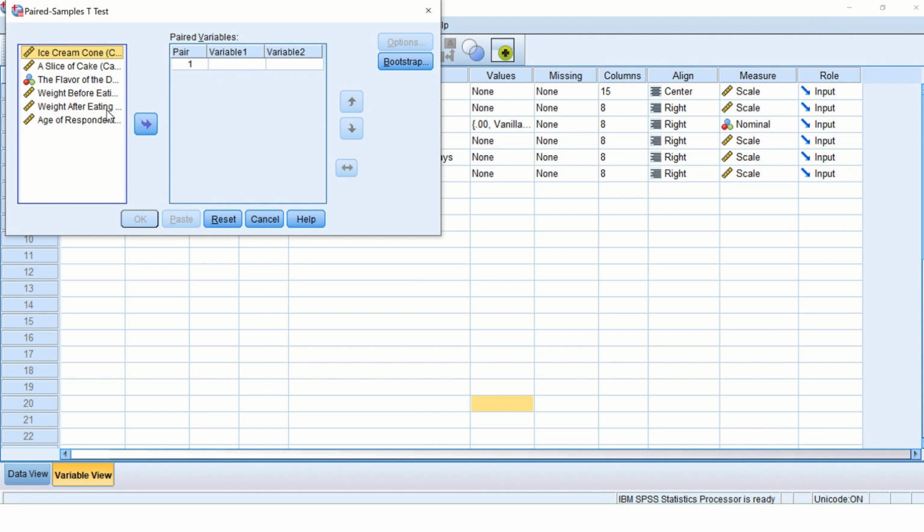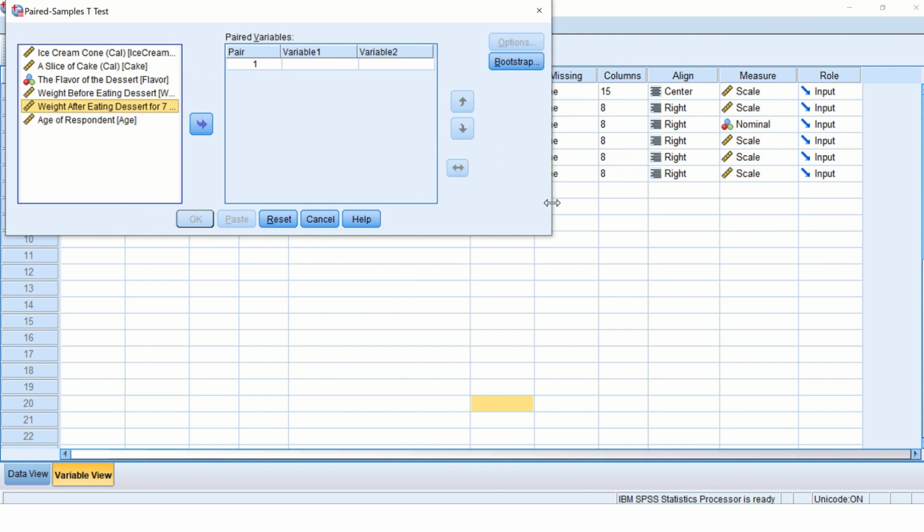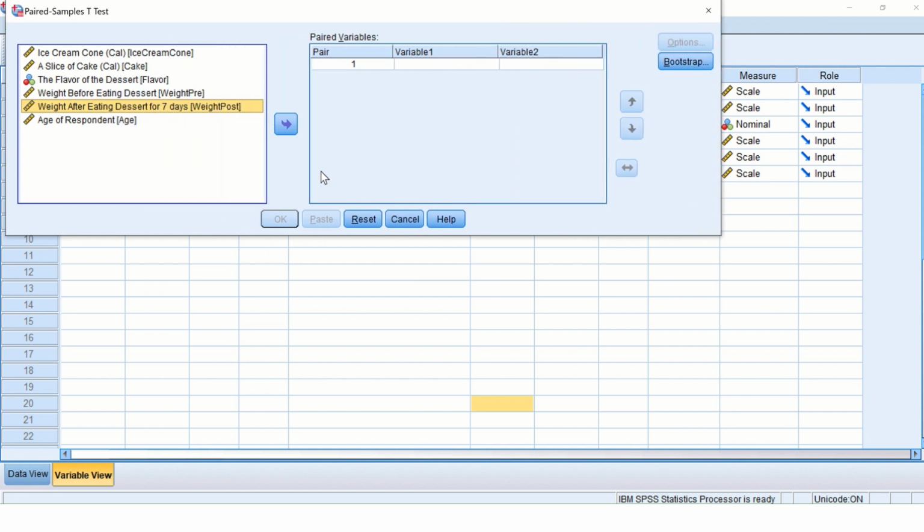So you start off with your post data. Your post-test data, in my case, is the weight after eating dessert for 7 days. So that goes first. And then you enter the weight before eating dessert on the second variable.